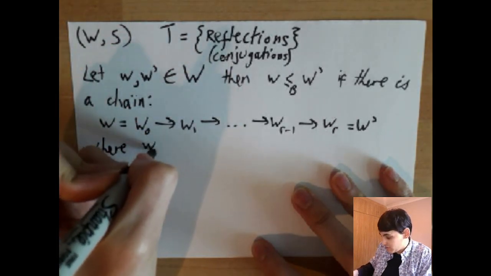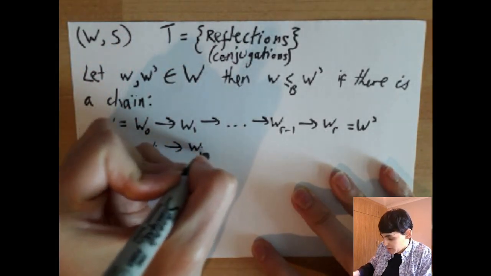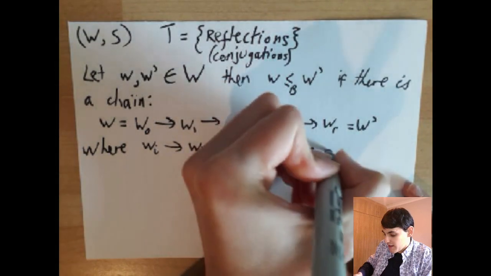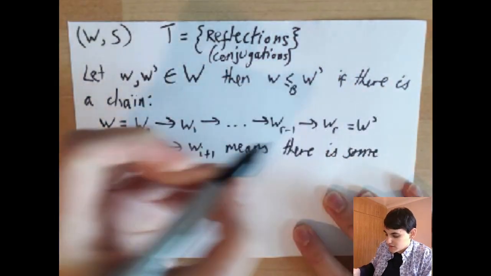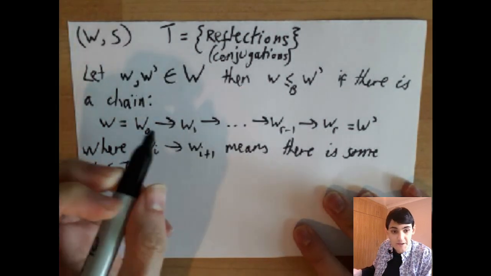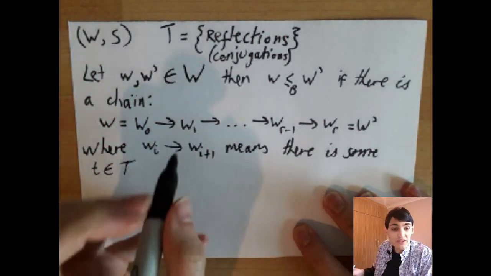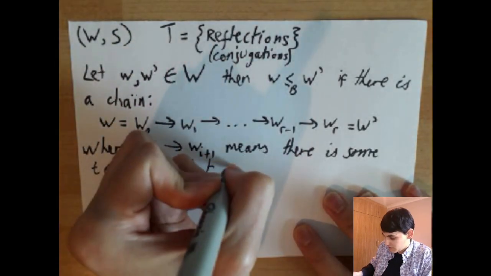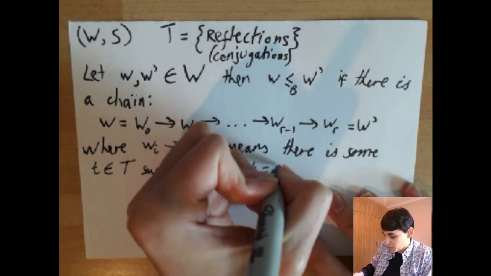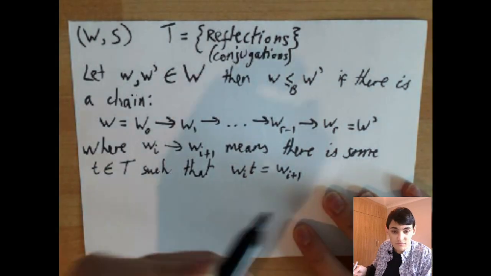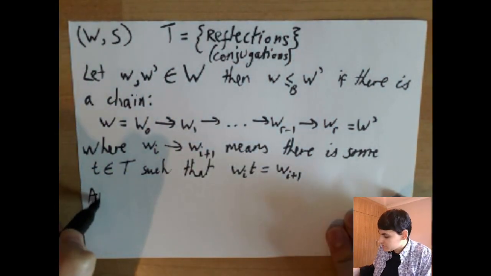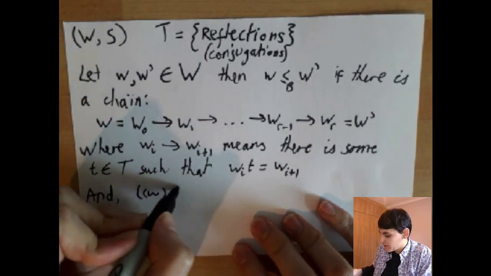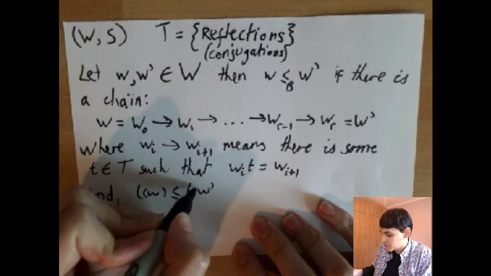where W_i arrow W_{i+1} means there is some t in T, little t in big T, such that W_i times t equals W_{i+1}. And we also have the length of W is less than or equal to the length of W prime.